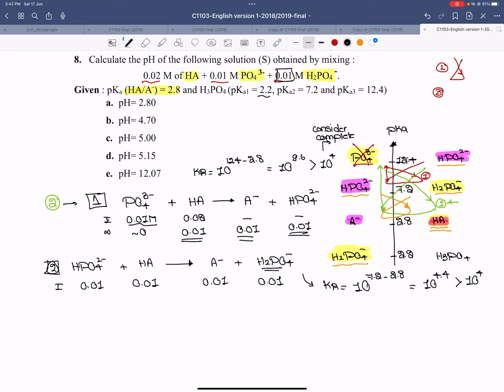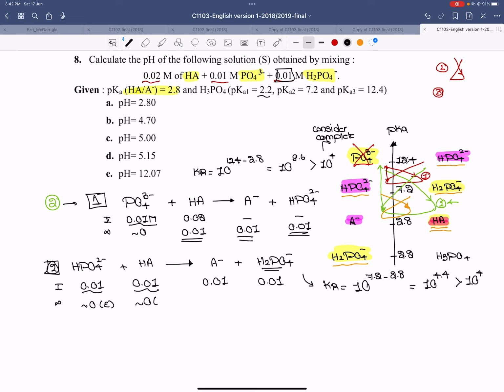So the limiting value has to be consumed. The limiting is basically same thing. So you have to remove the limiting value from HPO4 minus, and this is approximately 0, or what we sometimes call an epsilon value that needs to be determined at some point.